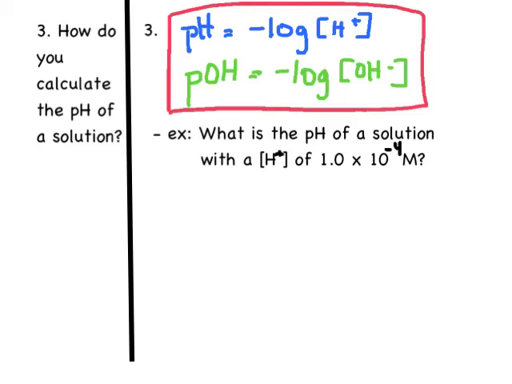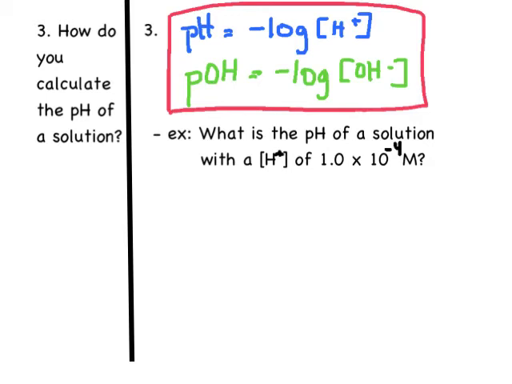The pH of a solution is the negative log of the hydrogen ion concentration, and the pOH is the negative log of the hydroxide ion concentration. When we put these numbers into our calculators and take the negative log, a really low hydrogen ion concentration is going to end up being a big pH number.